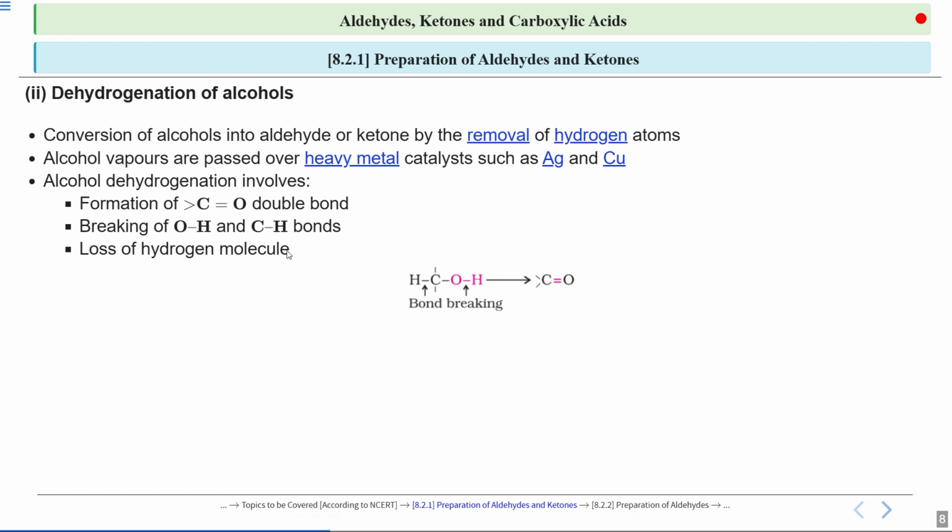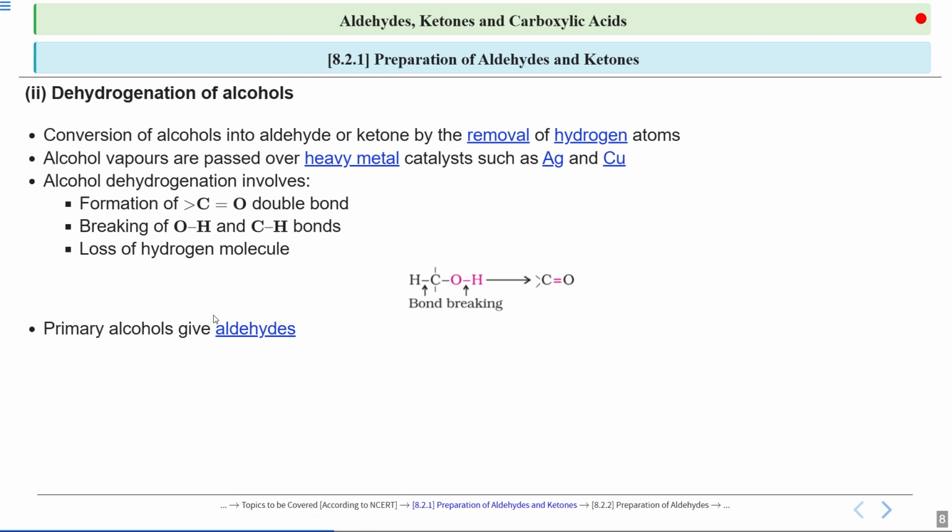And here also the oxygen hydrogen bond is breaking. That means this oxygen is left alone. Now both oxygen and carbon friends have lost their partners. Now they will say to each other, let's be friends. So they will make a bond between themselves and you will get a carbon oxygen double bond. So this is what happens in dehydrogenation of alcohols.